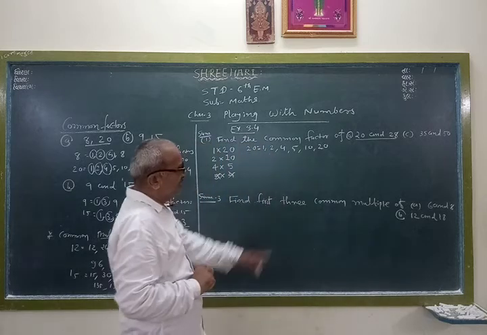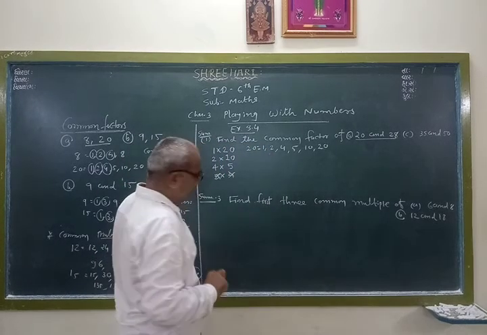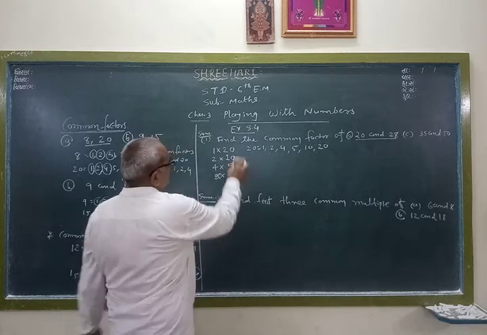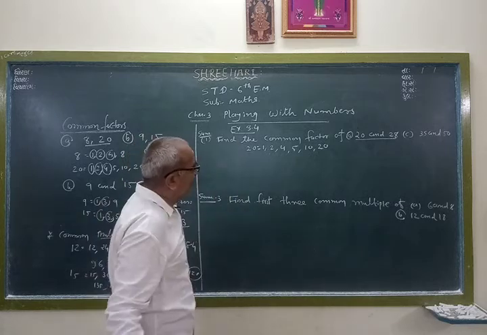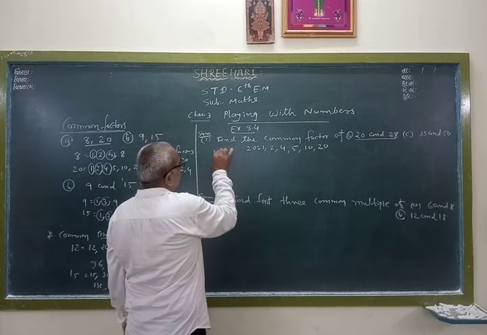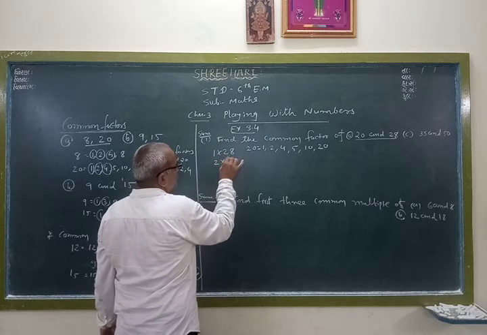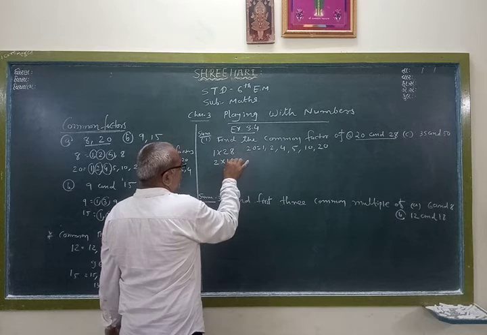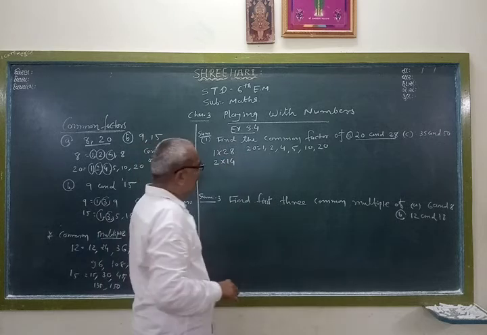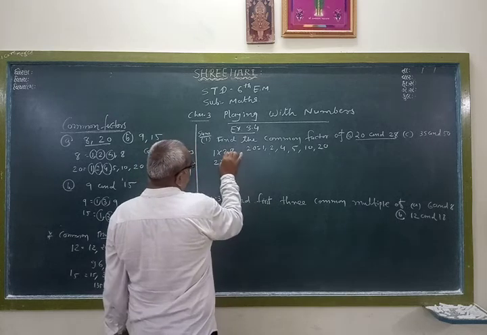Like this, the factors of 28. So 1 28s are 28, 2 14s are 28, 3, 8 and 2, 10.